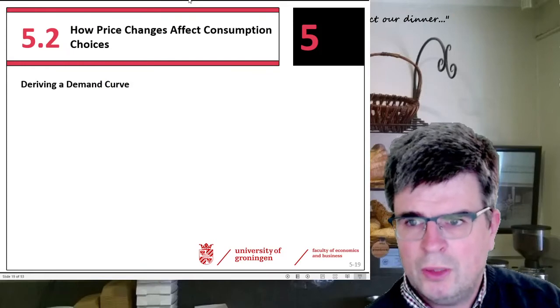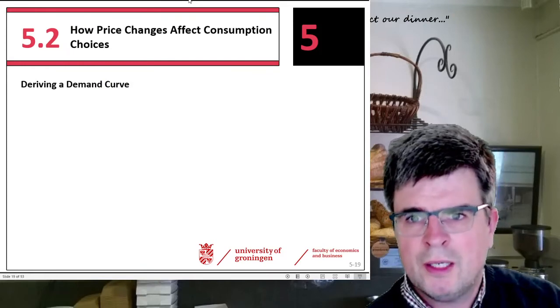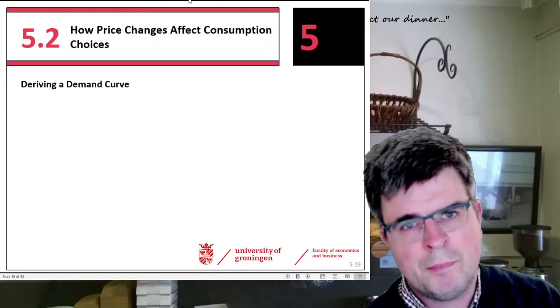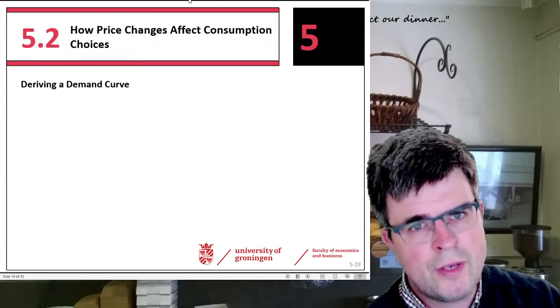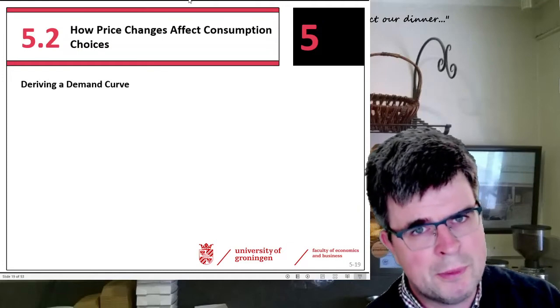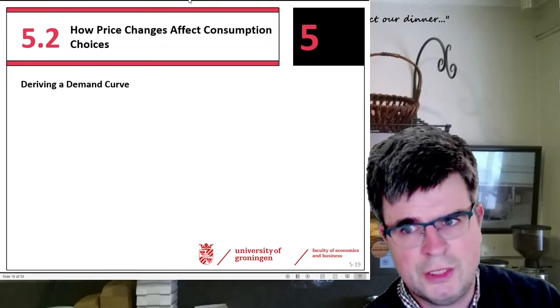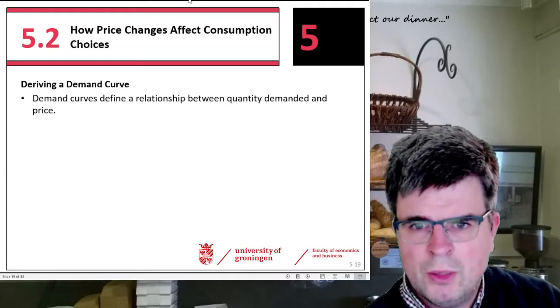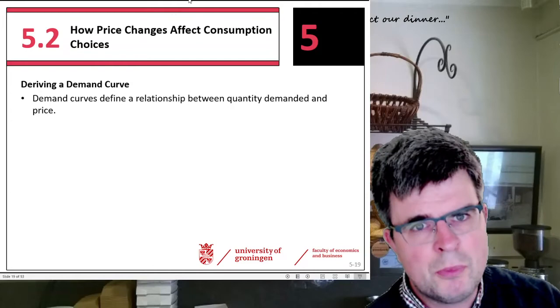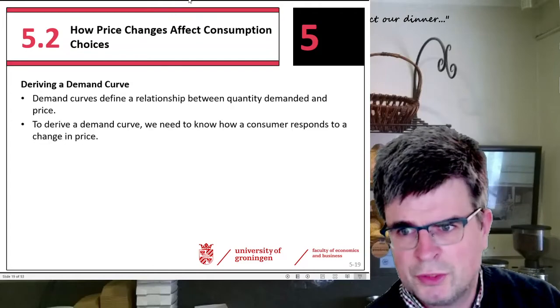Okay, so now we will derive a demand curve and we will depart from how income changes affect our demand for goods, but we will now consider what happens if the price of a good changes. So demand curves, they are defined as the relation between quantity demanded and the price of a good.